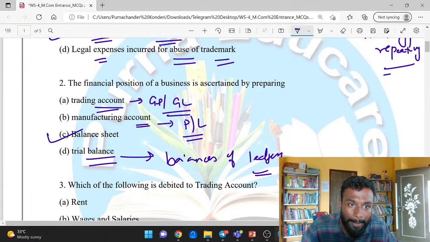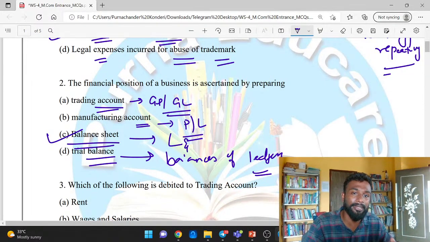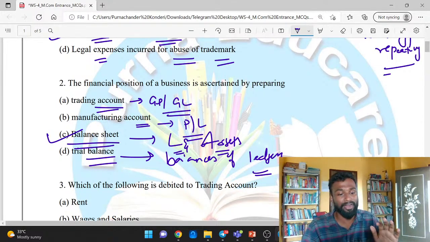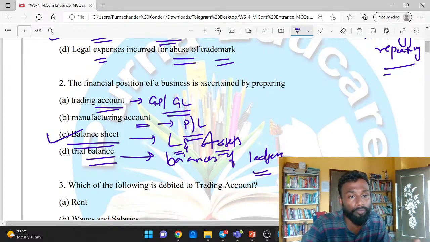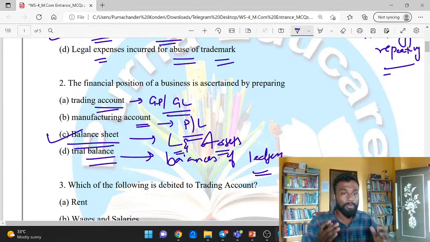But the balance sheet discloses the liabilities and assets, so it resembles the financial position. The balance sheet is the correct statement determining the financial position of the business.